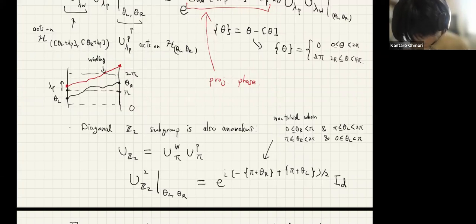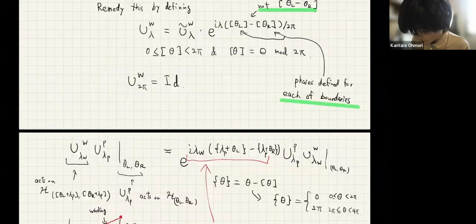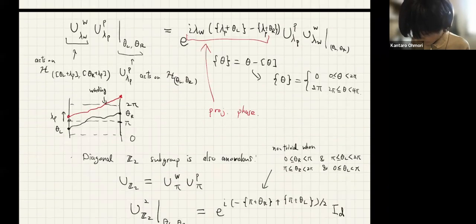If you do the pi shift, theta R exceeds 2 pi, and then there's a non-zero contribution for this, but theta L is below pi, so you don't get a contribution from here, and therefore you get the sign. Then by the definition of winding in terms of U_W lambda, a pi shift changes the winding by 1.